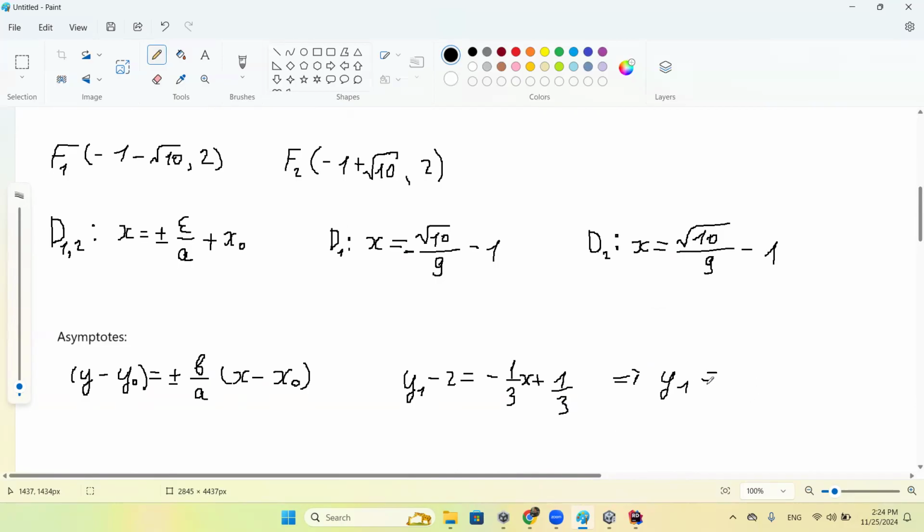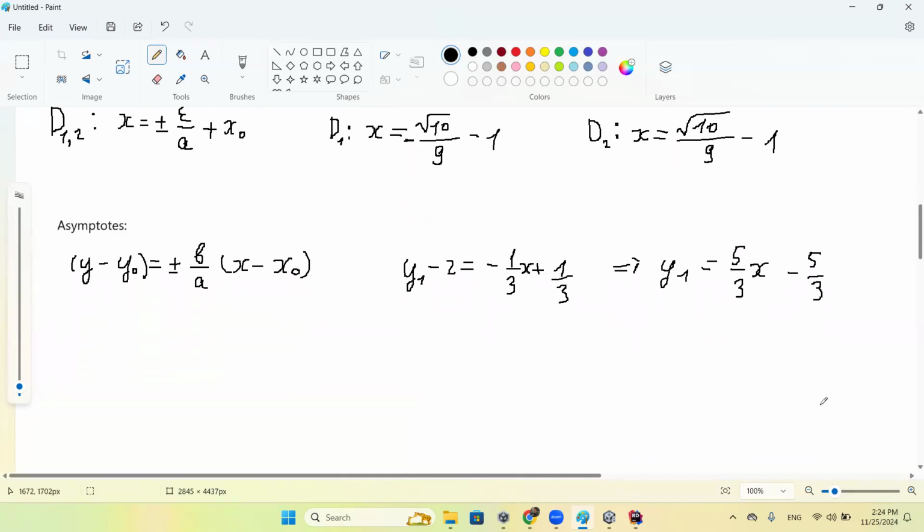So y1 equals 5/3 x minus 5 by 3. So okay, no, 7/3. Yeah, I also forget the arithmetic. That's my problem as well.